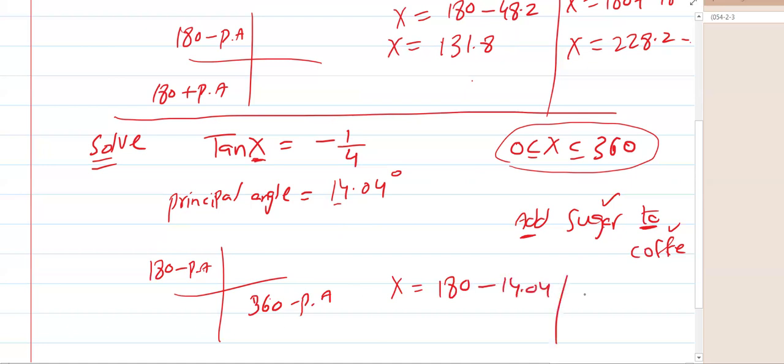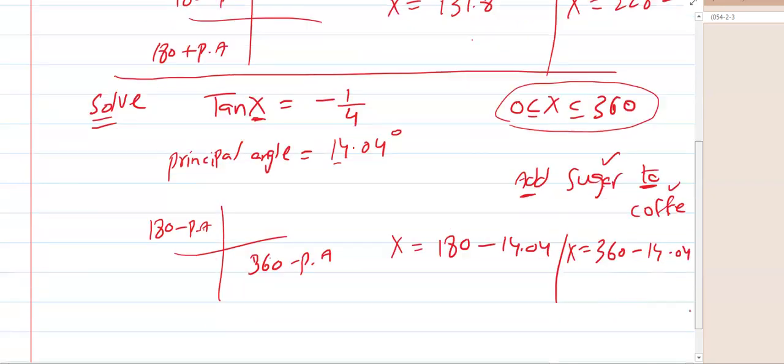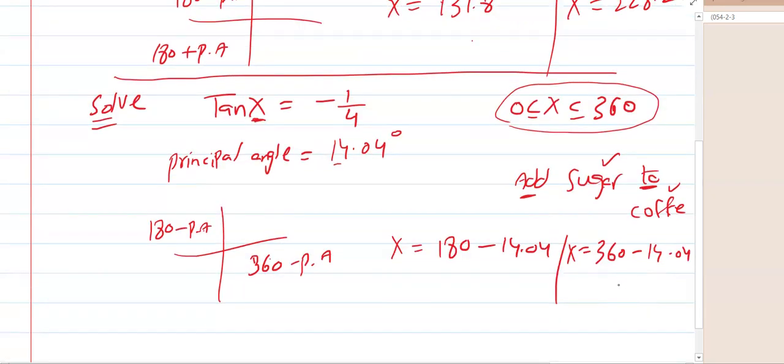And if it is here, x will be equal to 360 minus 14.04. Okay. Got it? So if it is here, you can solve. These will be the possible values. Let's take another example.